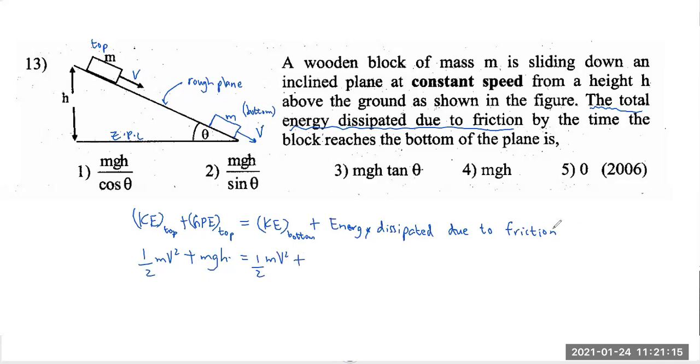Plus this is what we are supposed to find out, I'll put E_F, energy dissipated due to friction. Now half mv squared can be cancelled out. Therefore, energy dissipated due to friction finally will be mgh. So the answer is 4.